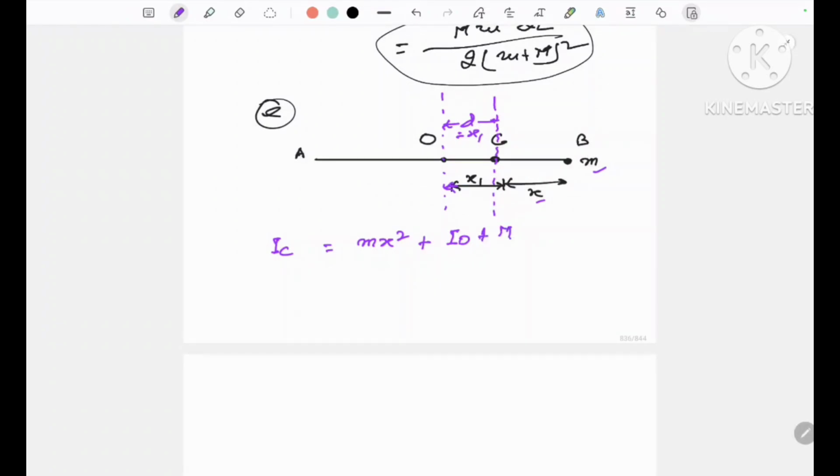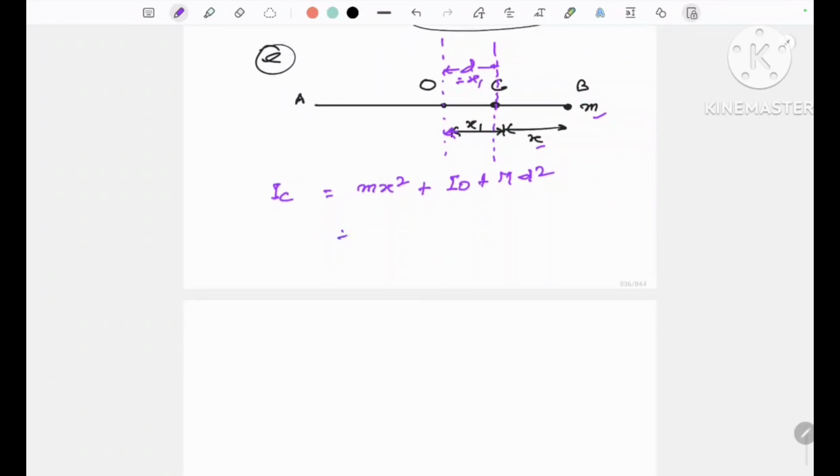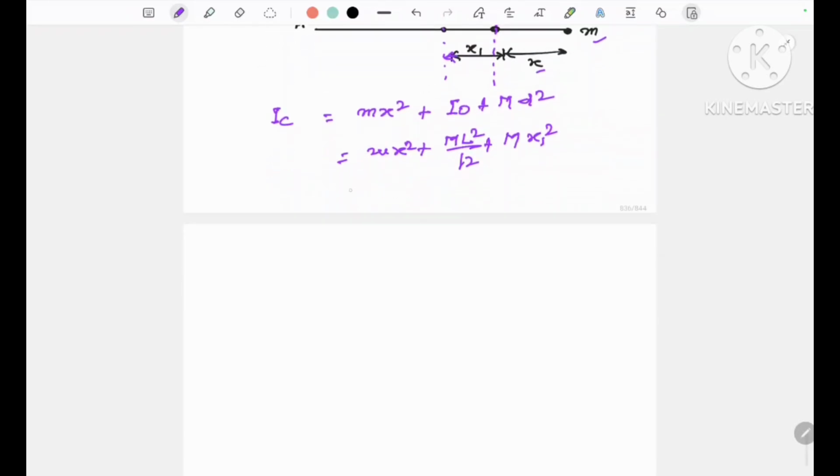So m x squared plus M l squared by 12 plus M x1 squared. Here x is ml by 2(m plus M), squared, plus M l squared by 12 plus M into ml by 2(m plus M), squared.